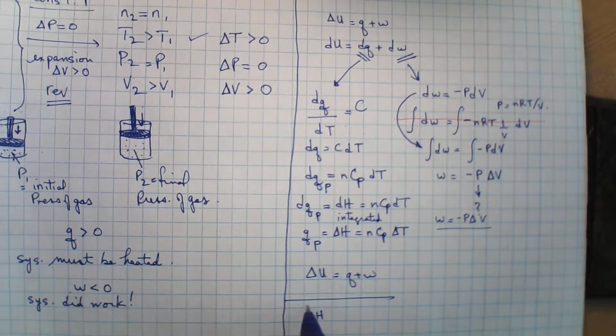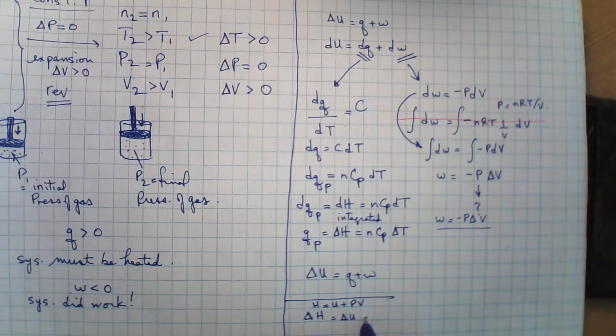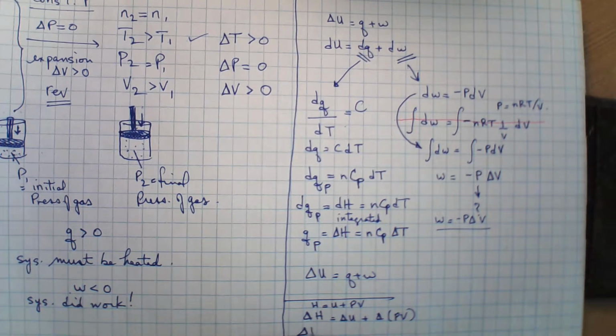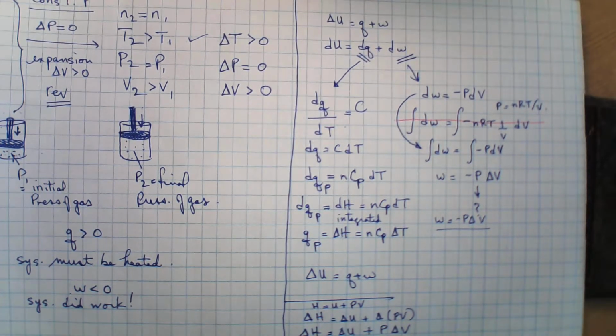Delta H, or I should say H, is equal to U plus PV, another starting point. So delta H is equal to delta U plus the delta of the PV. And so delta H is equal to delta U plus, it is P constant, delta V. So I can do that.